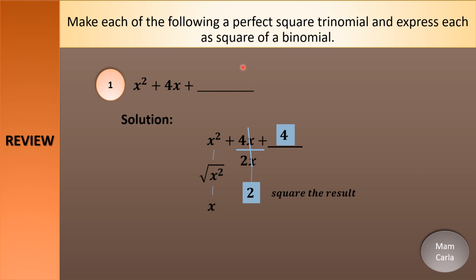And then from here, we transform it to the square of binomial form, and that is, we simply get the square root of the first and the square root of the last term, and that is the quantity of x plus 2 raised to the second power.